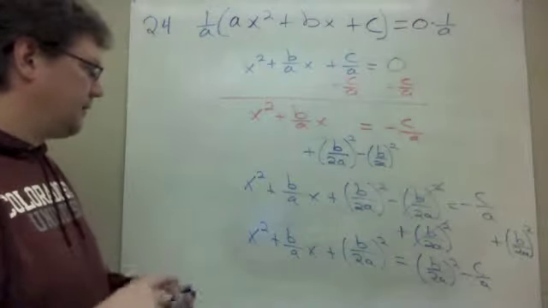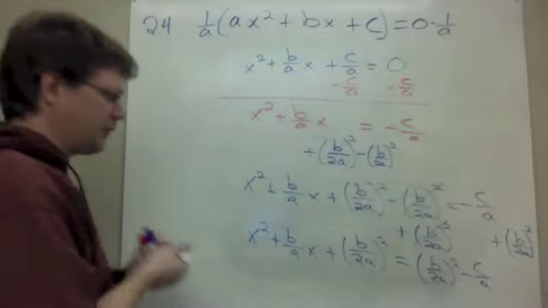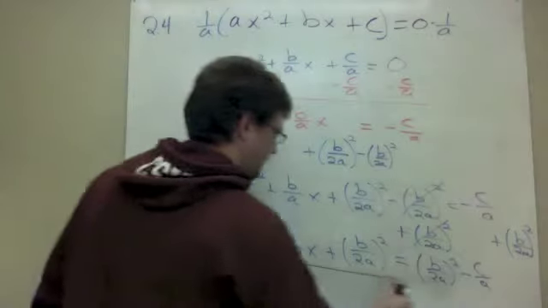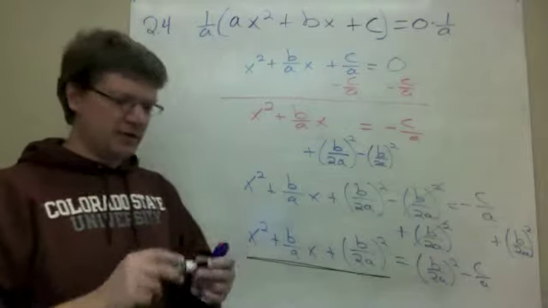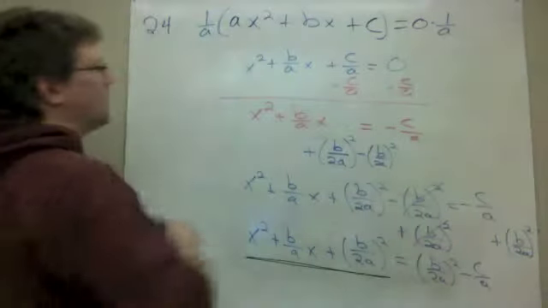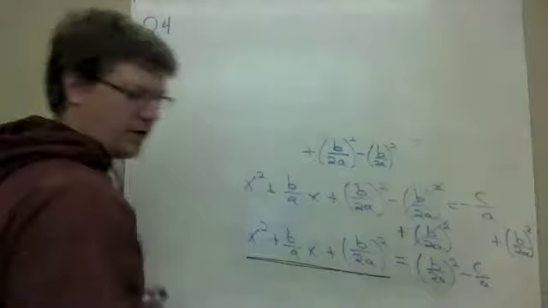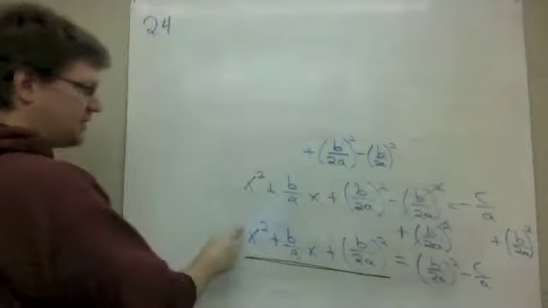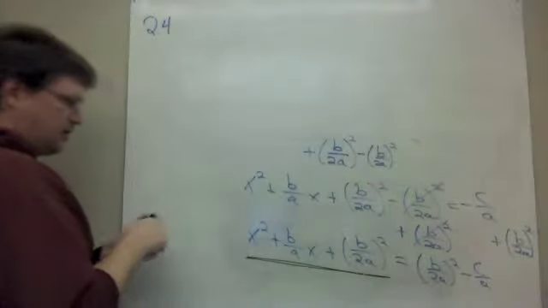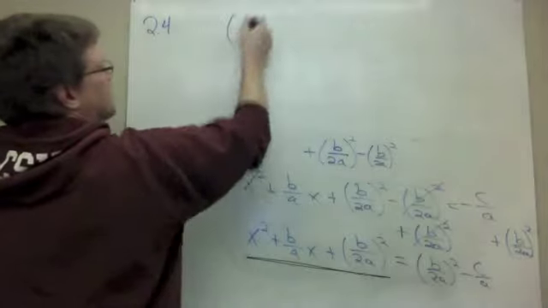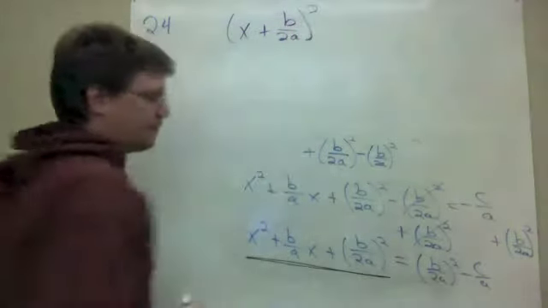All right. This side over here is a perfect square. Okay, we've constructed it that way because we've completed the square. So what we get on the left-hand side of the equation is x plus b over 2a, quantity squared.